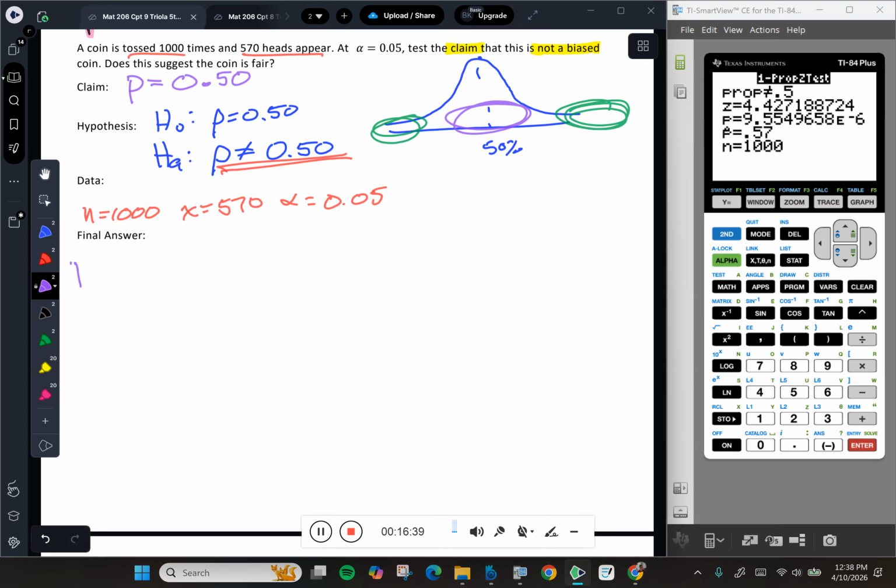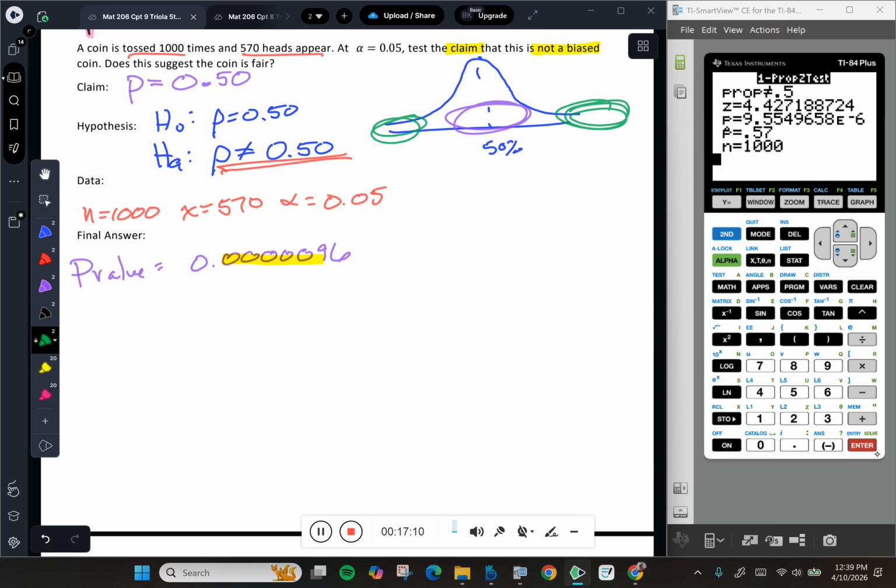Our p-value is 1.234596 times 10 to the negative 6... scientific notation with a negative exponent means move the decimal place left that number of places, in this case 6 decimal places, which is why we have 5 leading zeros here.